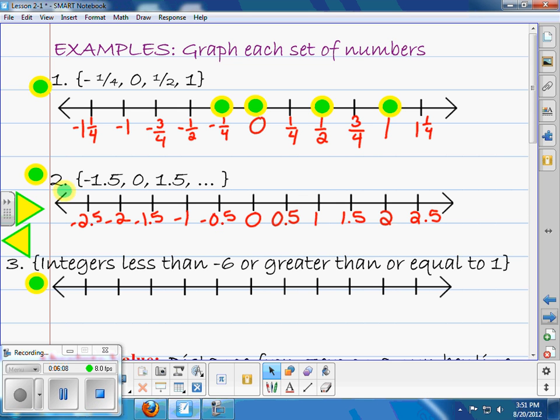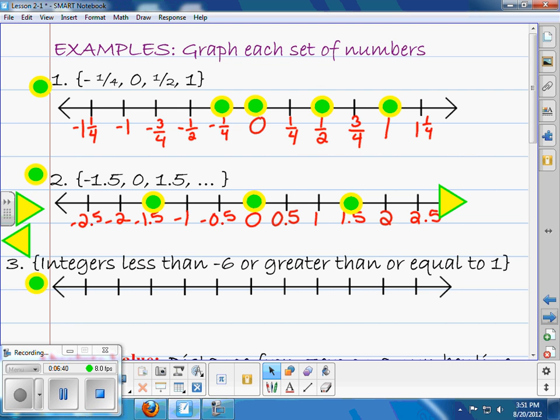We should place points at -1.5, 0, and +1.5. But because of the ... involved in this set of numbers, we need to do something with that arrow. The ... is on the right side, so that indicates that the right arrow should be shaded. When you're shading your own arrow, please make sure that it is bigger and darker than the other arrow.